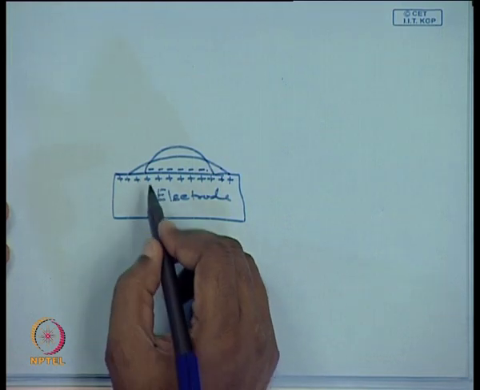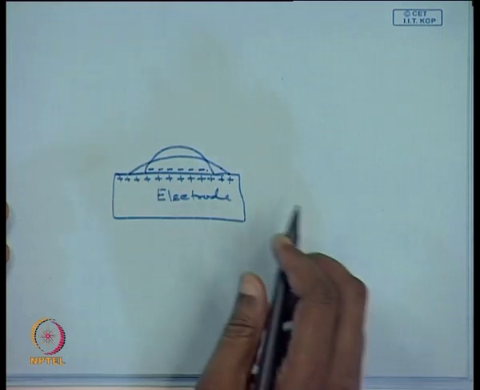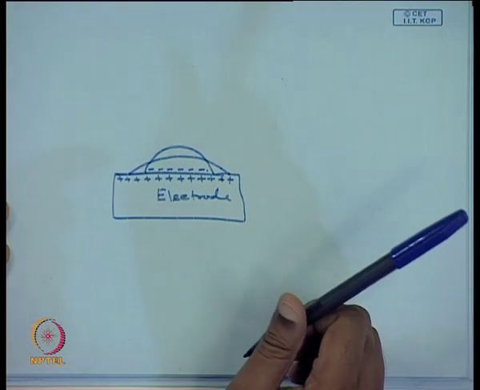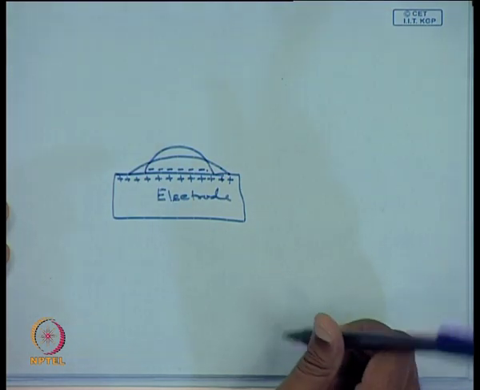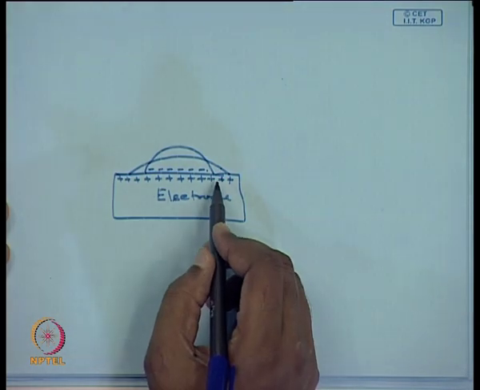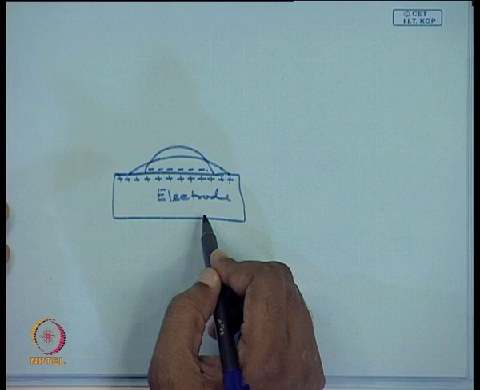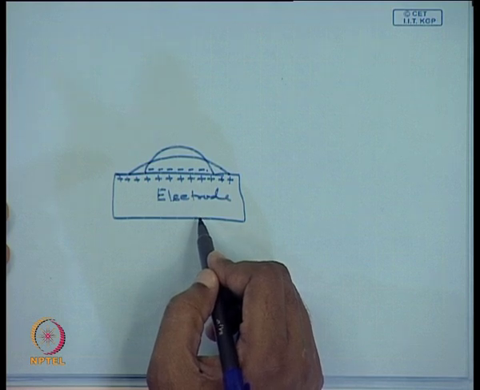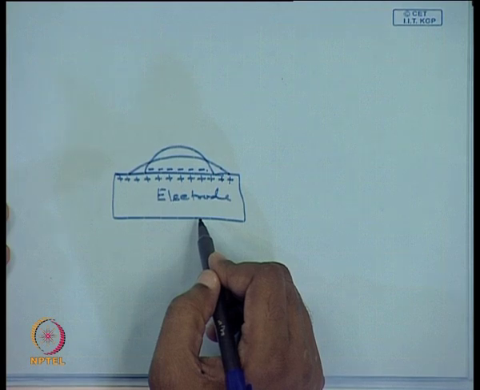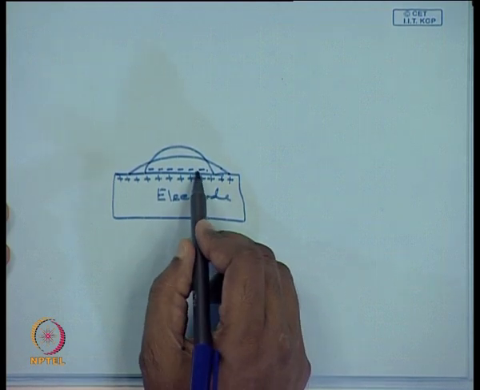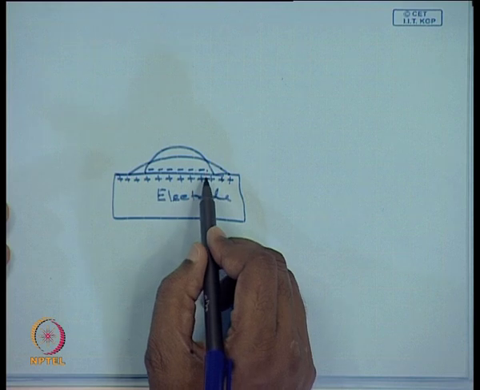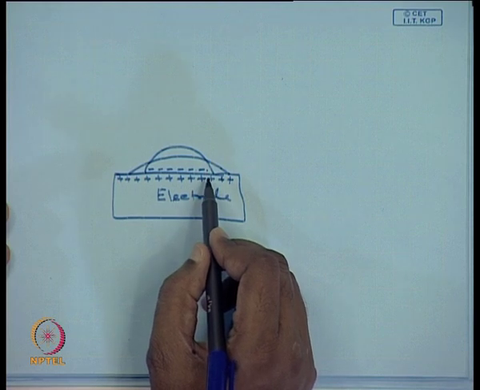So, that is the basic concept of electrowetting, and what we have seen in the last class is that there are ways to quantify the changes in the energy. We have taken recourse of minimizing the free energy of the process, since the accumulation of charge is a spontaneous process.